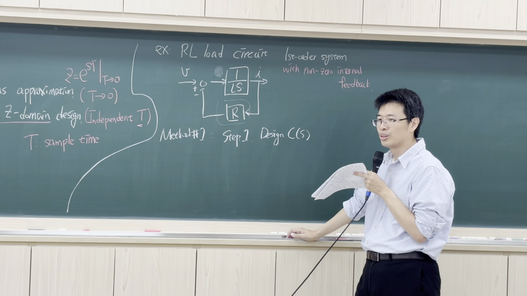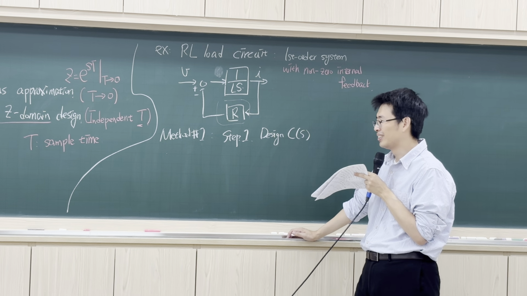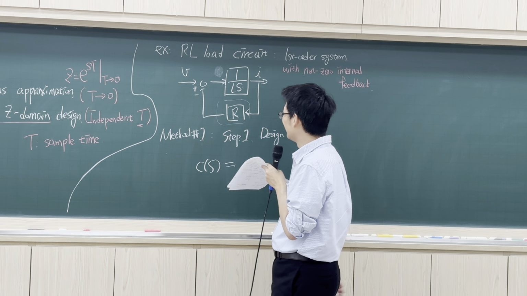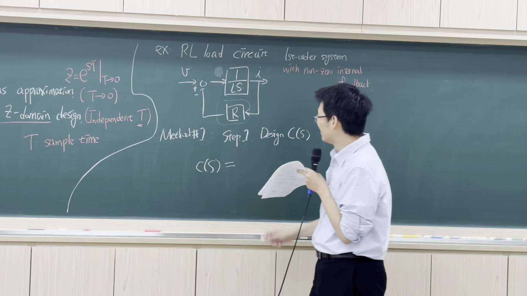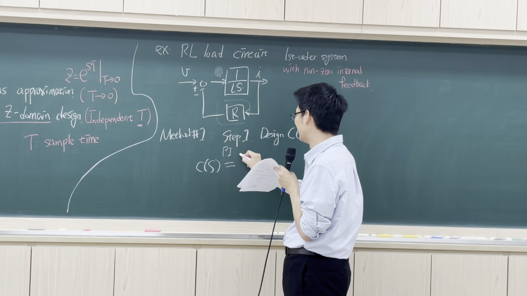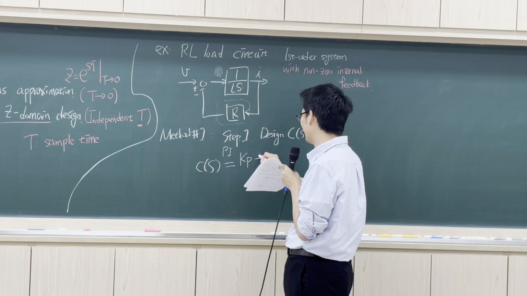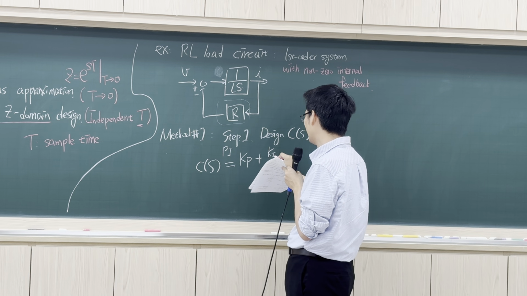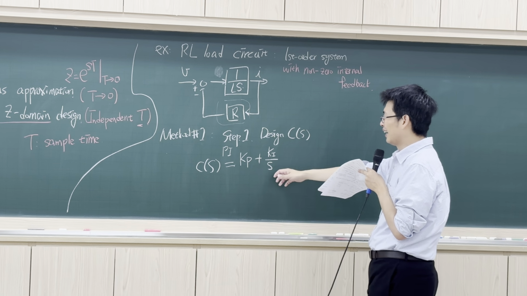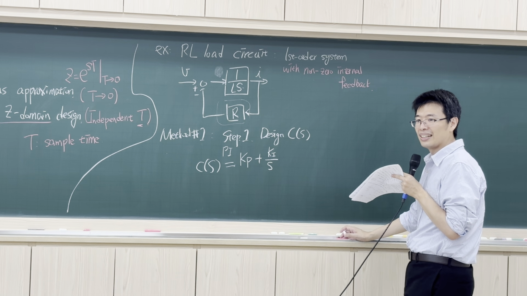Non-zero internal feedback. If you use P control, you should have a steady state error. So you have to add an additional integral control. So we decide CS here, CS in continuous time using PI control. So it should be KP plus KI over S. Okay, I control meets the steady state requirement, no steady state error.